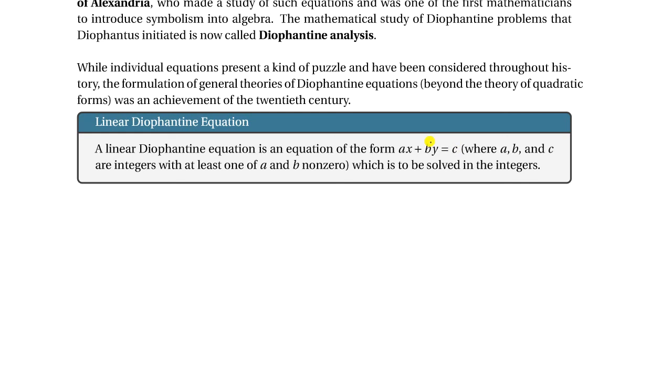So it's kind of trivial, right? There is nothing we can talk about. So whenever we have those formats, at least a or b must be non-zero. And we are looking for the integer solutions for x and y only. That's the linear Diophantine equation.